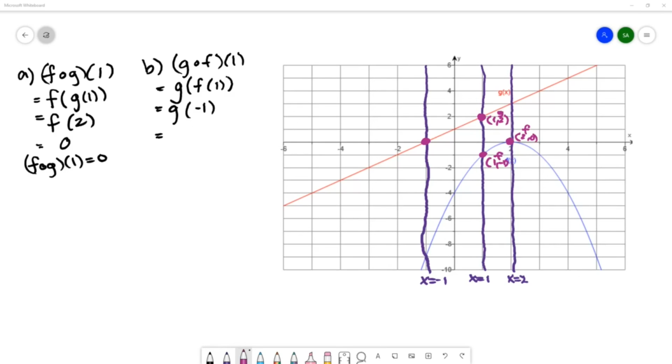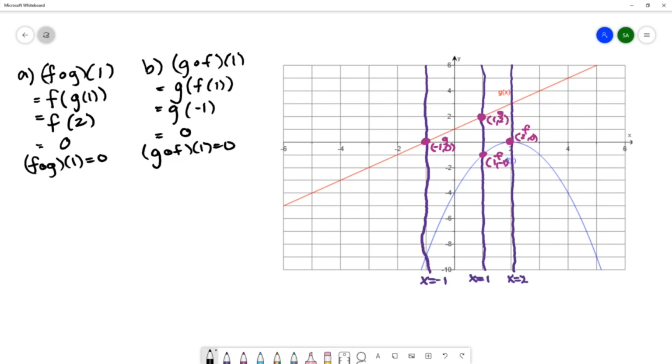So let's label that point. That's the point negative 1, 0 on the graph of g. And so g of negative 1 is equal to 0. We've got g composed with f of 1 is equal to 0.